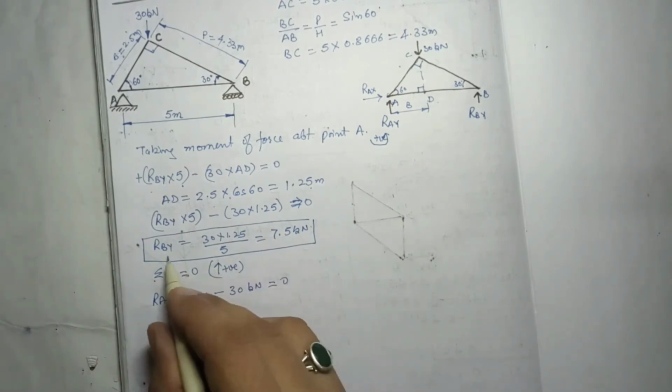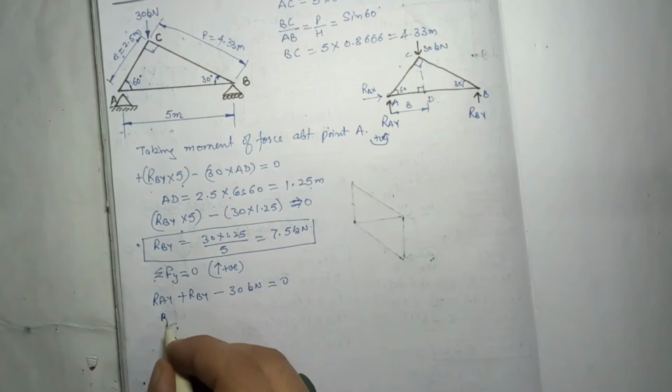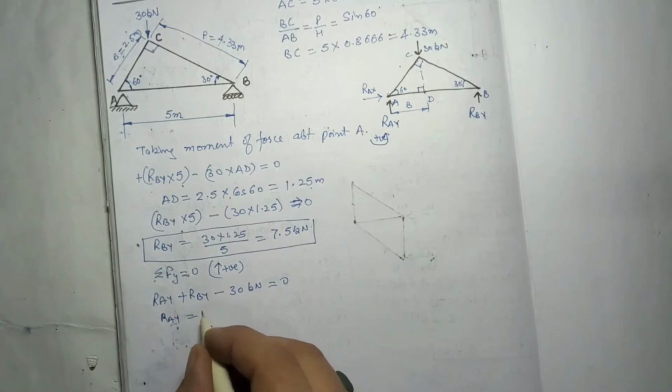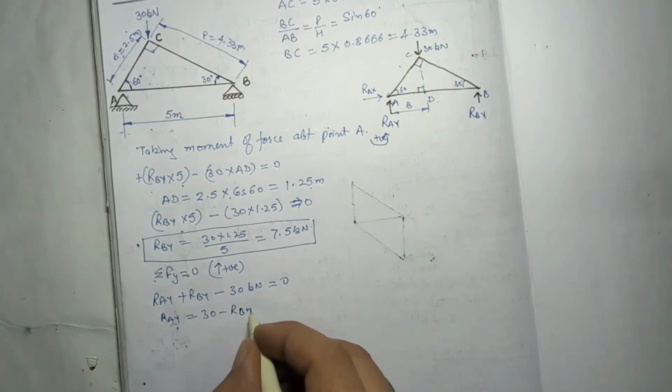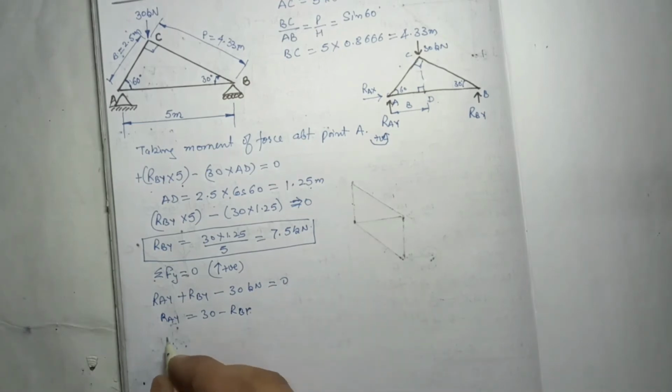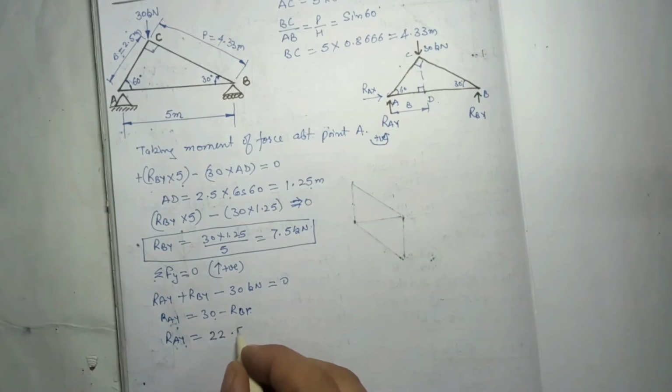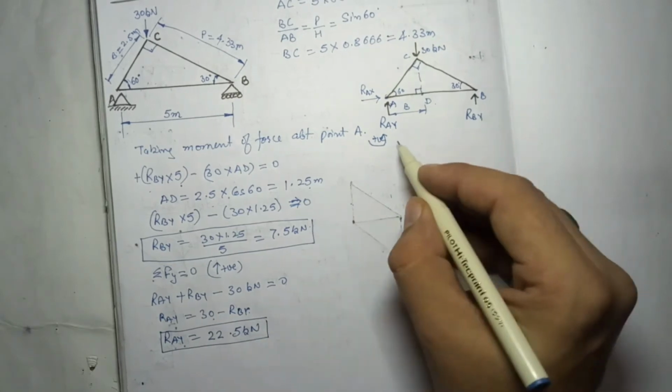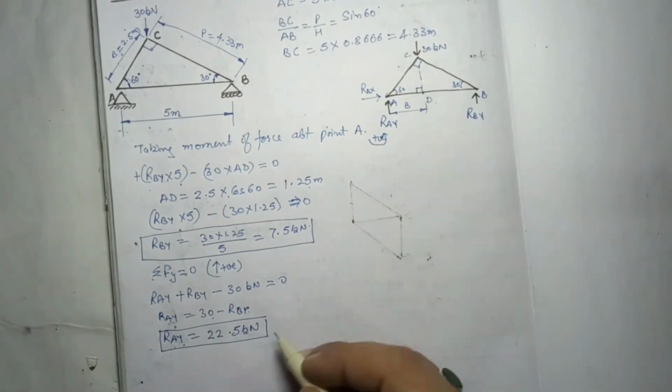So from here we have the value of RBY, so RAY we can calculate, that is equal to 30 minus RBY, and RBY is 7.5, so RAY is equal to 30 minus 7.5, equal to 22.5 kilonewton, and it is again coming positive, so it means RAY is in the same upward direction as assumed.